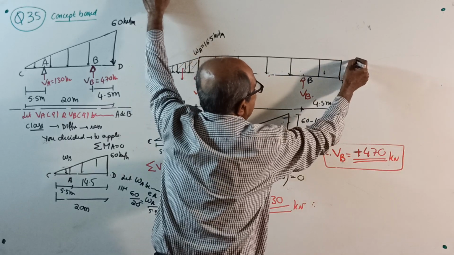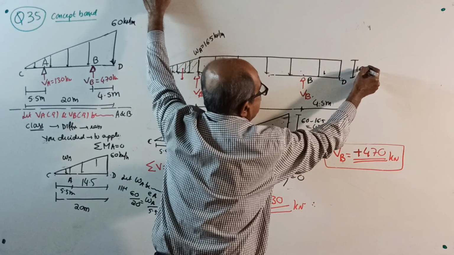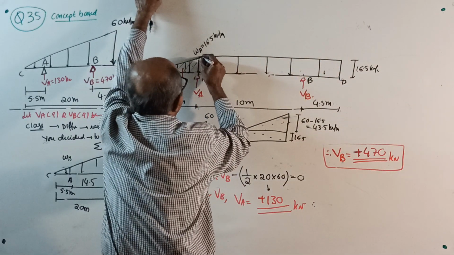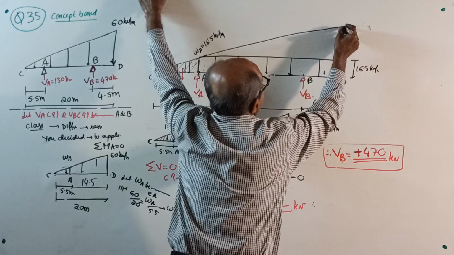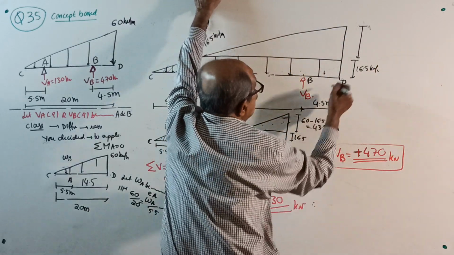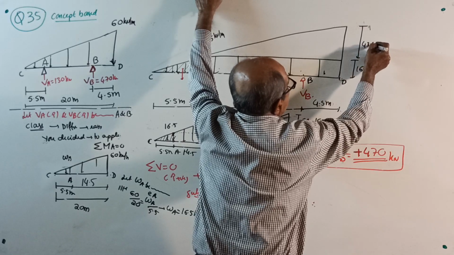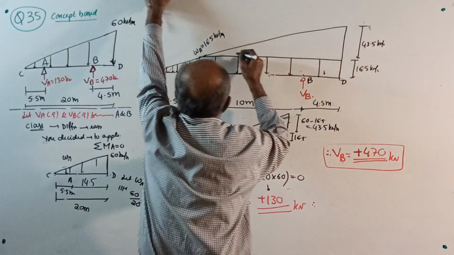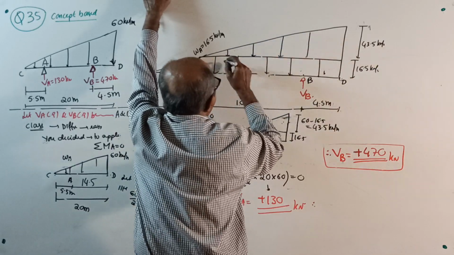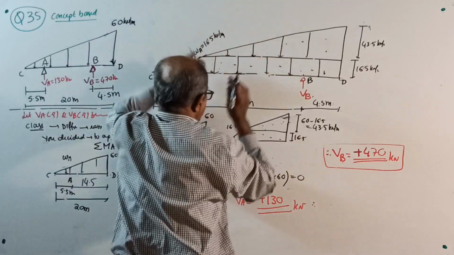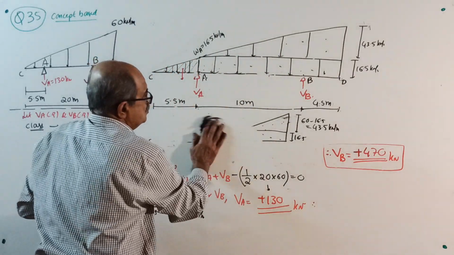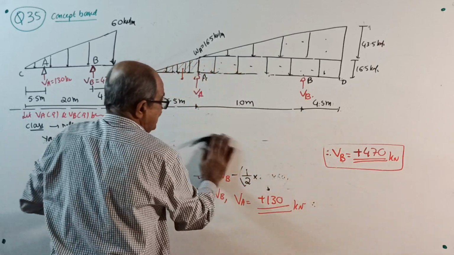This is 16.5 kilonewton per meter, and then this is how much I told? 43.5 kilonewton per meter. To understand, stagger this one. Okay. Now, separate. This all I'll remove now. This all I explained earlier. So those who are serious, they will easily understand.